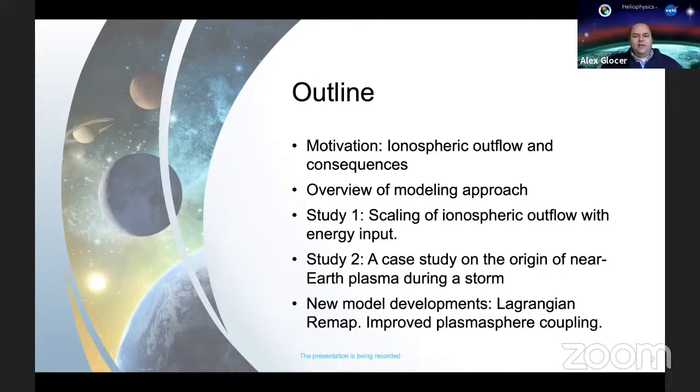Then we're going to look at what happens to that outflow when it gets out into the magnetosphere, and what it does, using a specific case study of ion outflow during a storm. I'll end with some discussion of new model developments, including implementation of Lagrangian remap and improved plasmasphere coupling. And then I guess we'll take any questions.